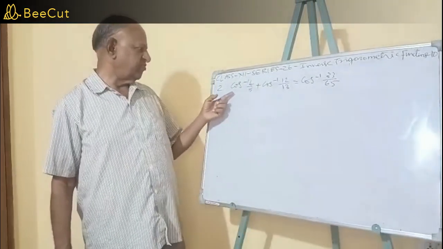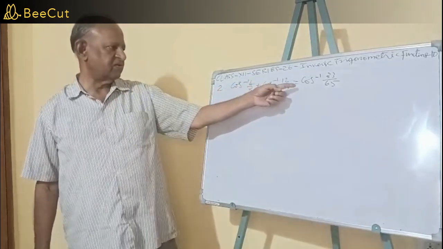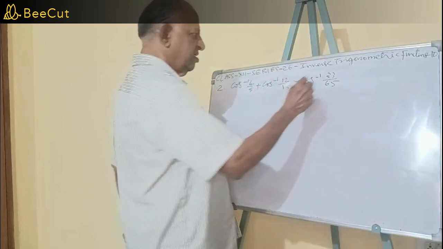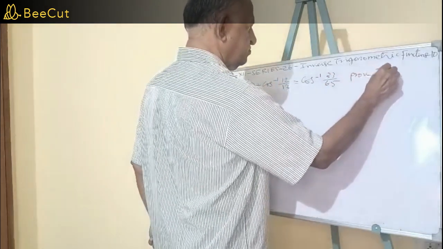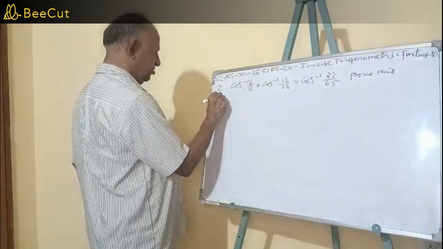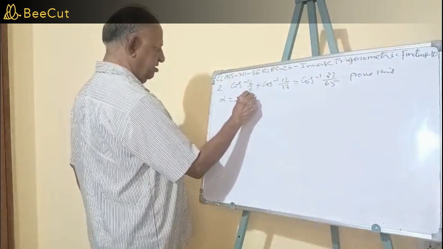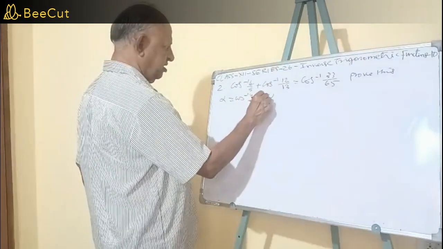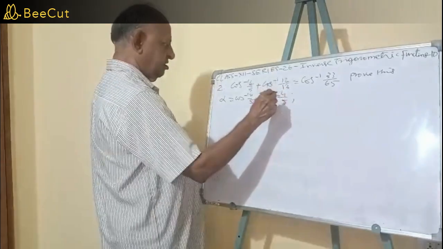Next sum: we have to prove that cos inverse of 4 by 5 plus cos inverse of 12 by 13 is equal to cos inverse of 33 by 65. Prove this. Alpha is equal to cos inverse of 4 by 5, that is, cos alpha is equal to 4 by 5.